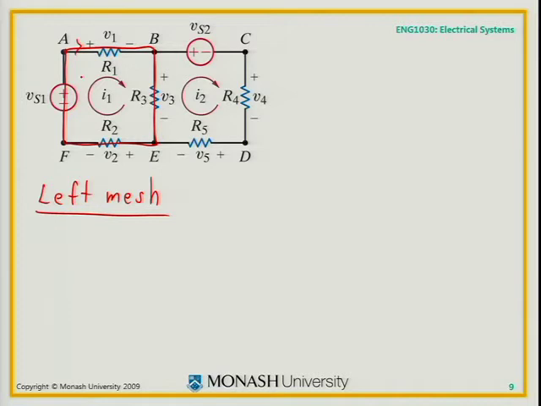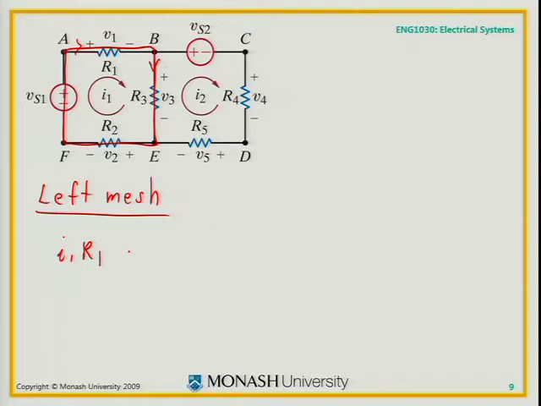So what is V1 in terms of I1? I1 times R1. The current through that resistor is just I1. So I have I1 R1. Now I get to resistor R3, and I'm going in this direction. I could write V3, but I don't want to. I want to write the current through the resistor going down times R3.